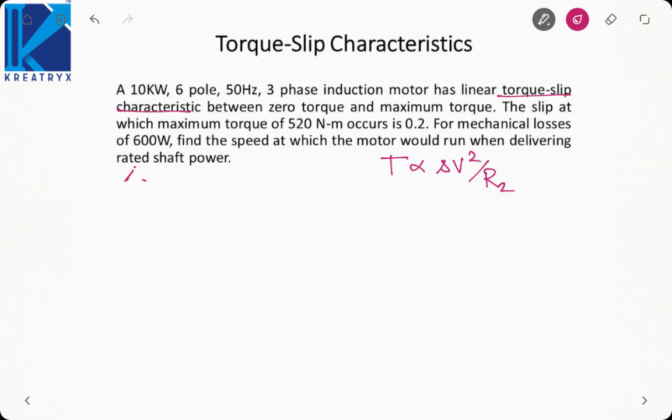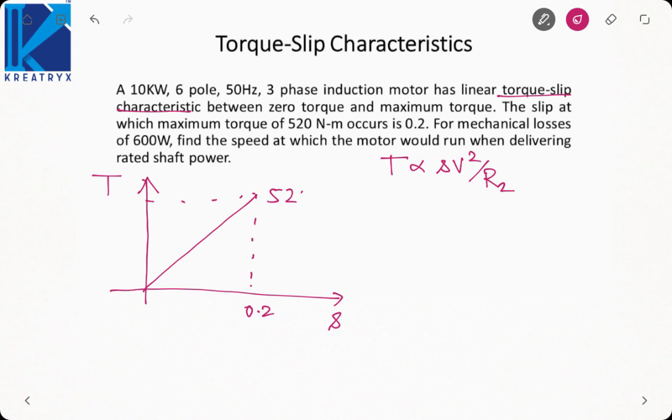See, the curve between torque and slip is given to be linear, like this, and it is equal to 520 at a slip of 0.2. If such a thing happens, what is the slope? It is 2600, or we can say torque is equal to 2600 S.